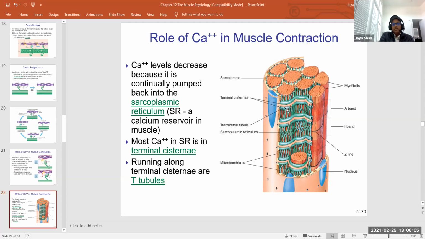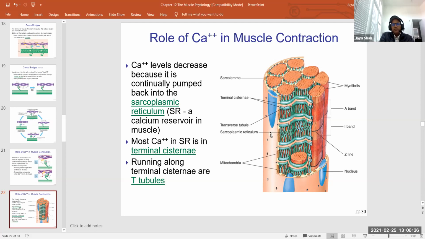And linked to these transverse tubules, you have the green tubules that are called terminal cisternae, and they are enlarged parts of the sarcoplasmic reticulum. These tubules store calcium.